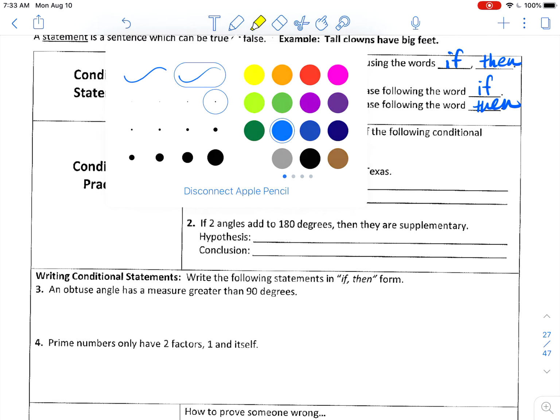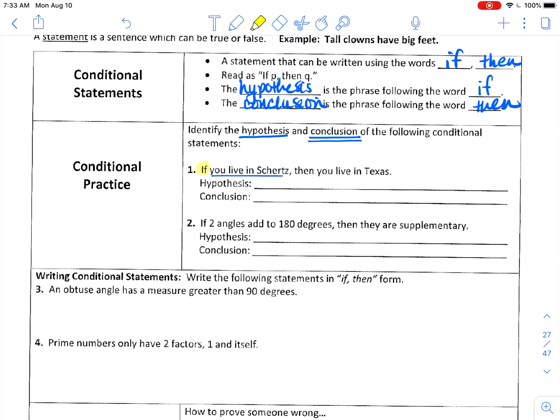The conclusion is following the word then. So here's the then, you live in Texas. So my hypothesis is you live in Shirts. Conclusion, you live in Texas. So you just need to look out for those two words. Now, we can identify if this is true or false later.